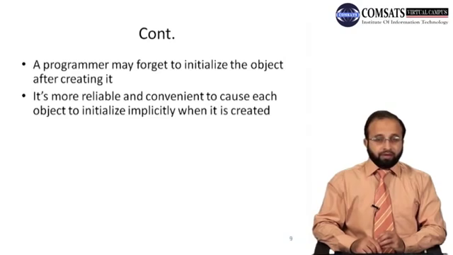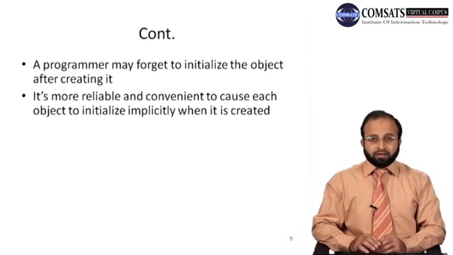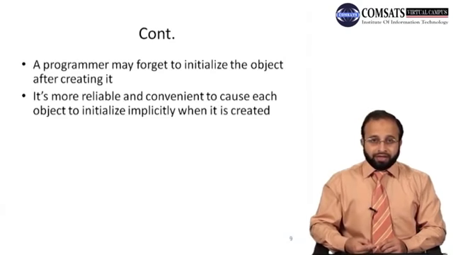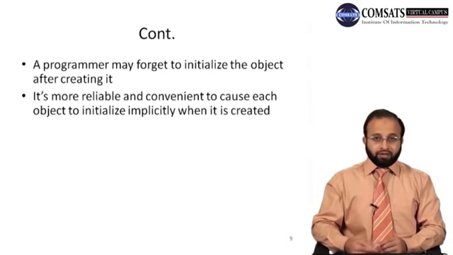So in the main function or any other function outside the class definition, I can simply create an object counter C1 or C2, and the constructor will be called automatically, implicitly, and it will initialize the private data member of that object to some initial value.